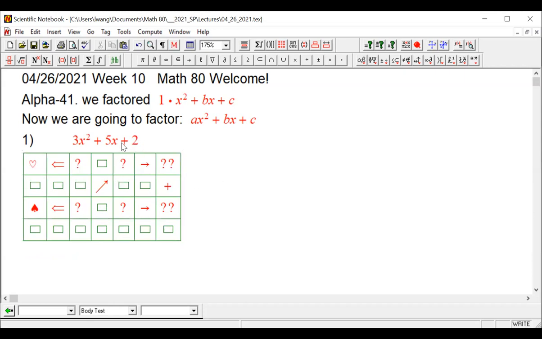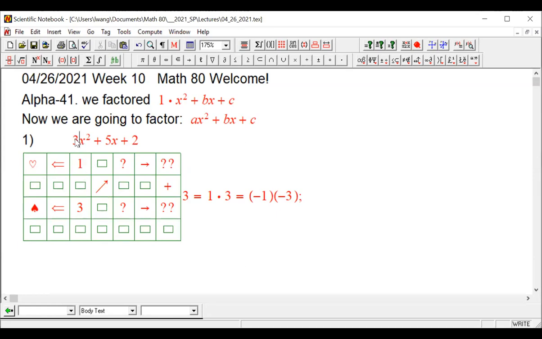Okay, we're just going to do one additional thing. So for 3, it's no longer 1. Well, we will notice that 3 is equal to 1 times 3, or negative 1 times negative 3. Okay, no other options. Now we're going to try each one. Say, let's try 1 times 3. 1 times 3 is 3.